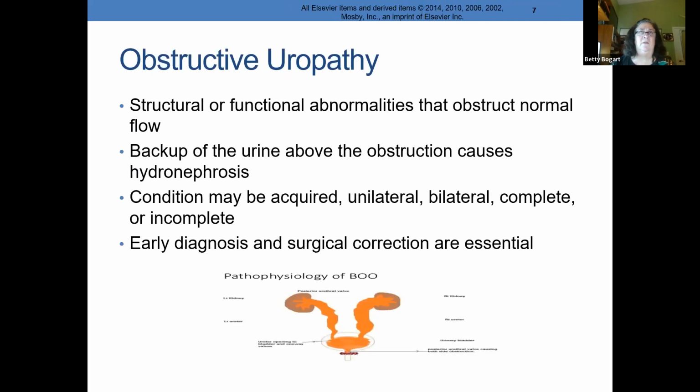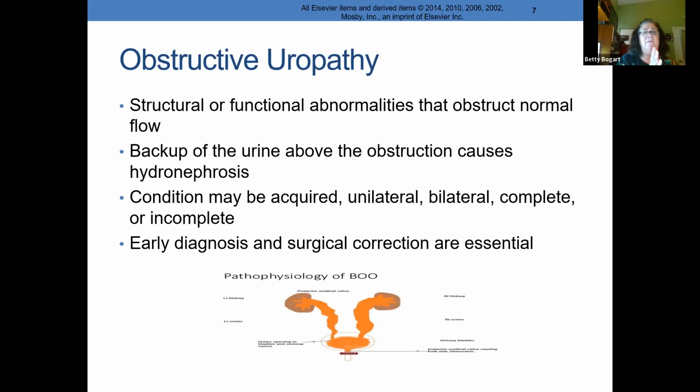Now, I said with the cystourethrogram, sometimes they're looking for some obstruction, and obstruction could be anywhere. If it's going up above the bladder, up the ureters, we think of hydronephrosis. It means the kidneys are just getting full of water and they're obstructed.